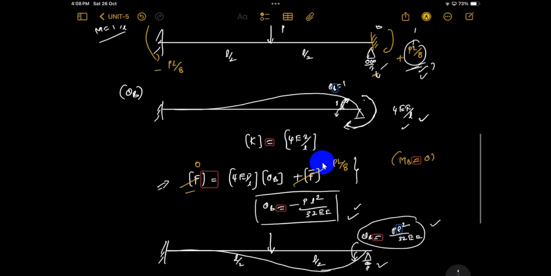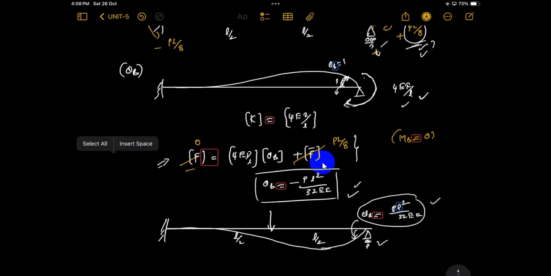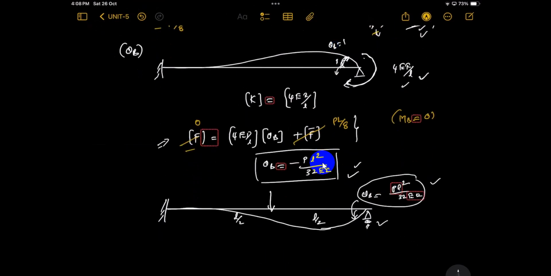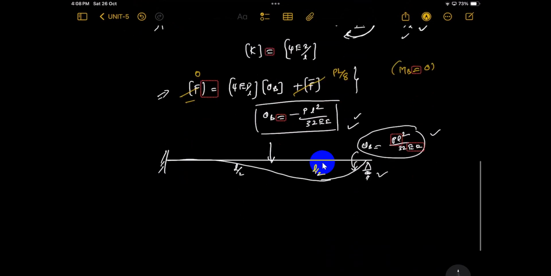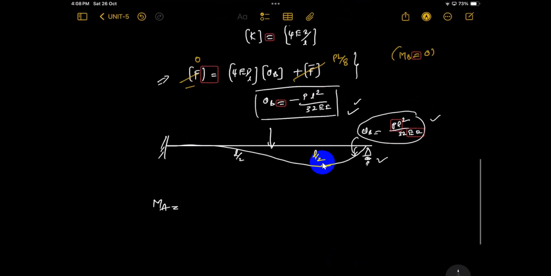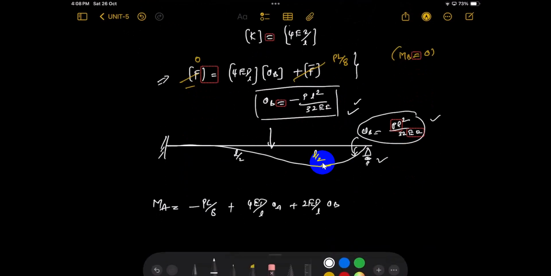That's it. Now, once you get the kinematic indeterminacy or degrees of freedom, the remaining you can get by slope deflection equations. What is MA? Fixed end moment PL by 8, plus 4EI by L into theta A, plus 2EI by L into theta B. Theta A is 0.